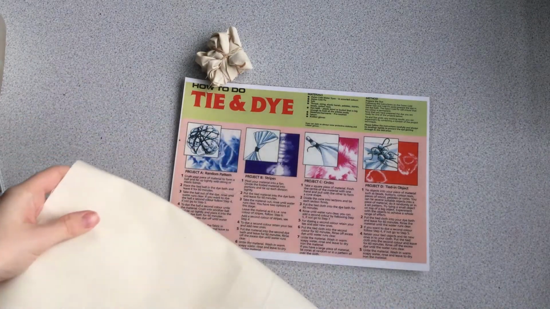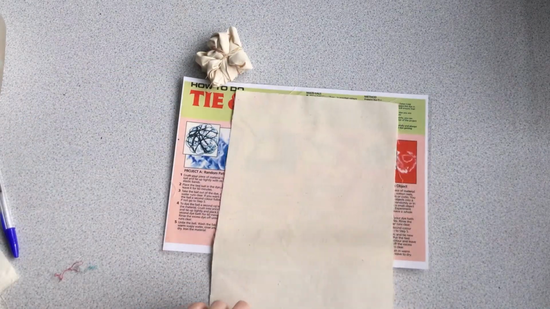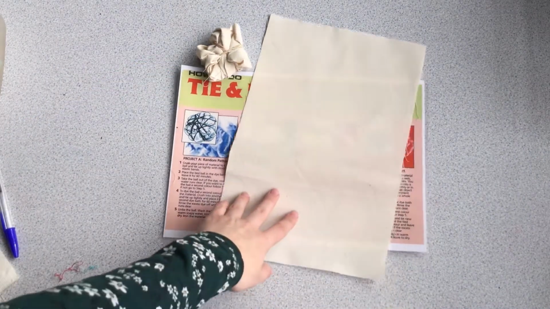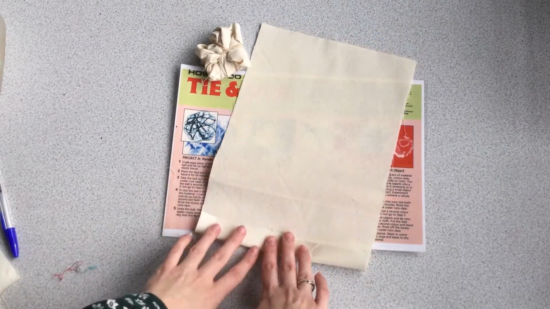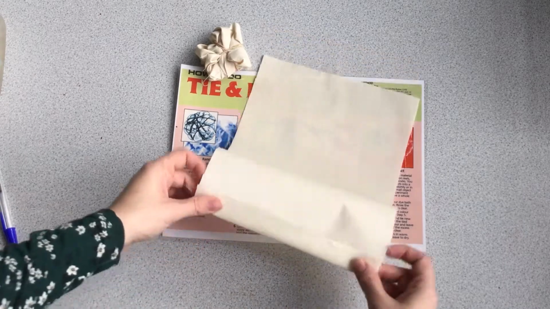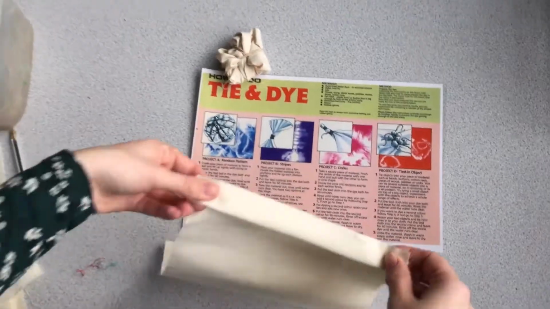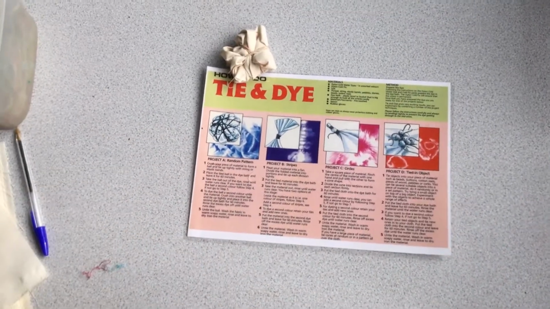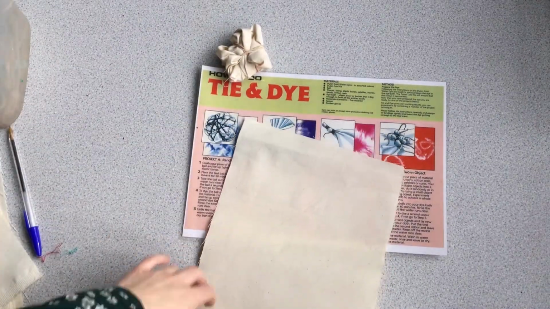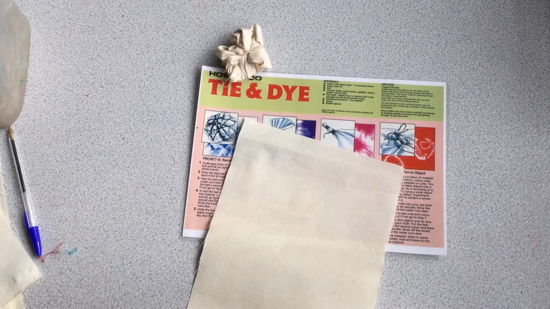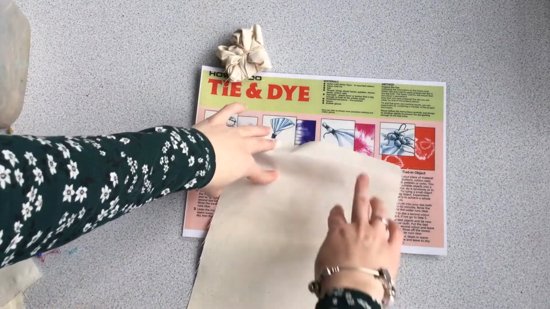The next one is stripes. To do stripes, you'd use a fan technique that you may have done with paper when you were at school. So you're doing a fold. For the stripes you are folding your piece of fabric.